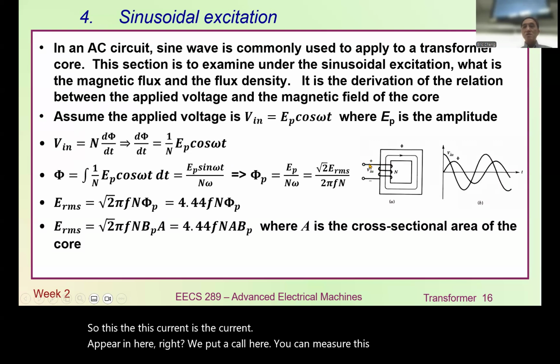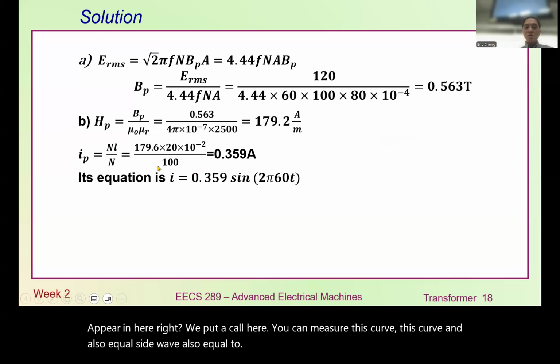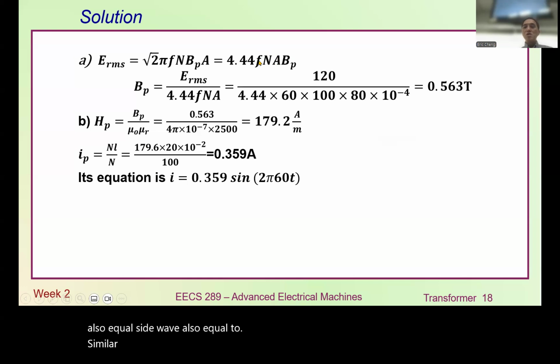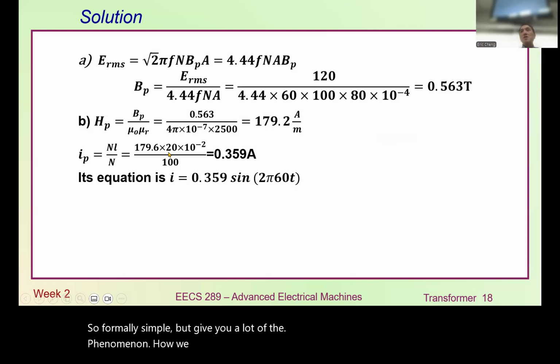This current is also a sine wave, similar to the voltage, and the frequency and phase angle are related in such a way. So the formula is simple, but it gives you a lot of phenomena, how we understand voltage, current, flux, and magnetic flux density.